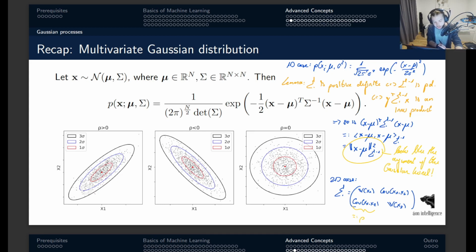It is less likely, but still relatively likely, that we will draw points within this blue ellipsoid, because these are two standard deviations from the expectation mu, and so on. So this is the third standard deviation. And we see we have less and less points in this ellipsoid, because again, large deviations from the expectation, this point mu in the middle, are less likely than smaller deviations.